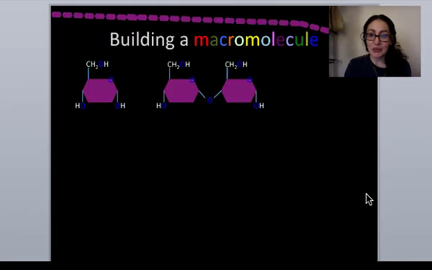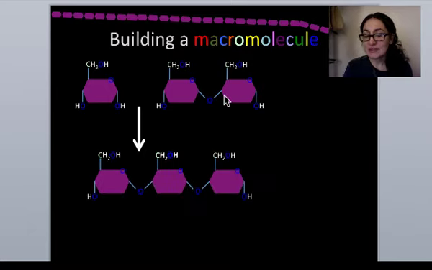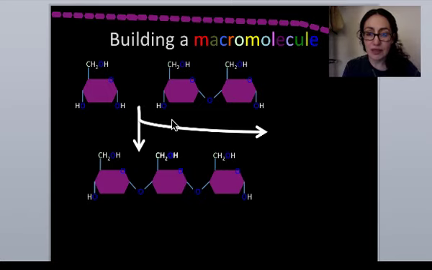So hopefully you did take a moment and look at that. And so here I'm just repeating this again, where we have this molecule now that's being attached to a growing chain of glucose molecules. And what we'll get is something that looks like this. Well, there are atoms in the system here that are being removed. And these atoms are in the form of hydrogen and oxygen, so water.